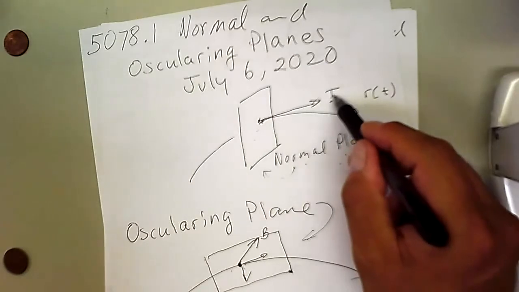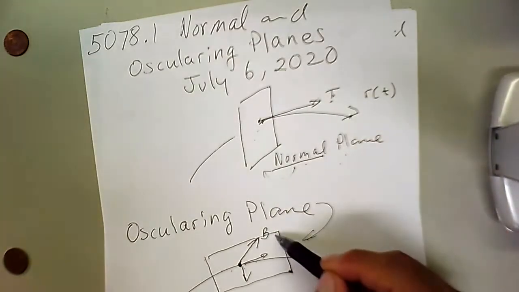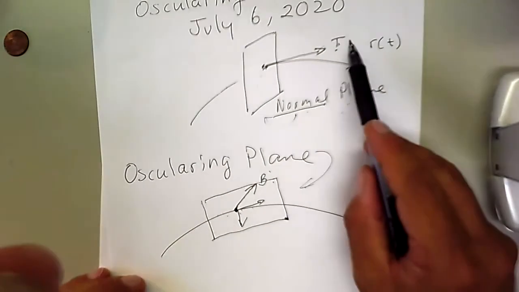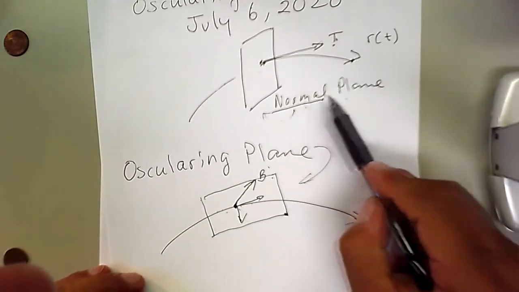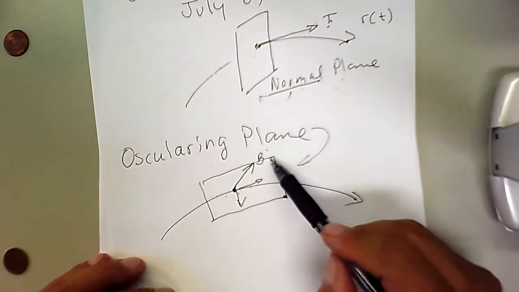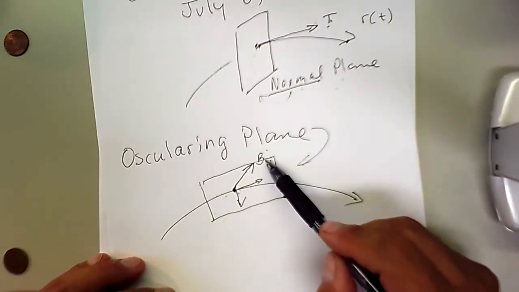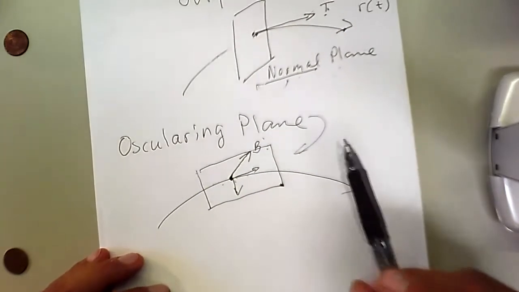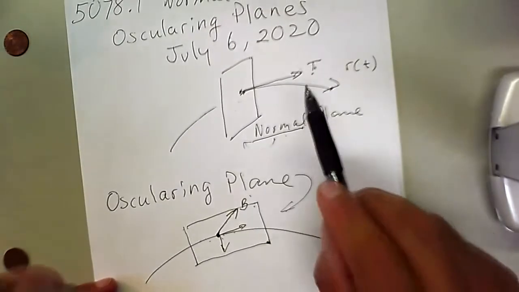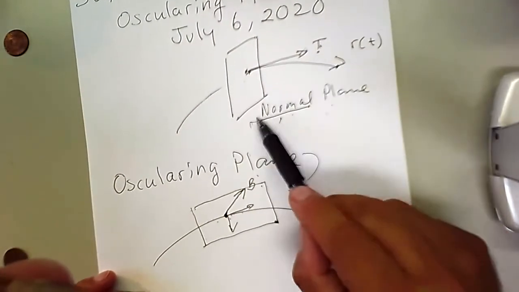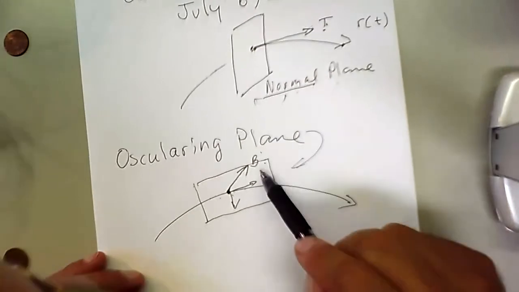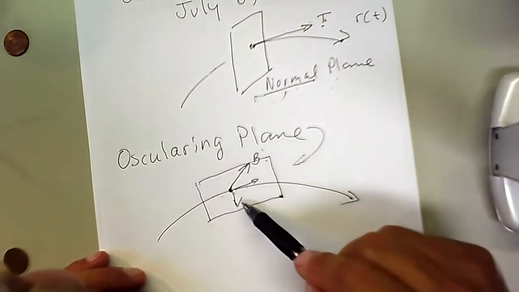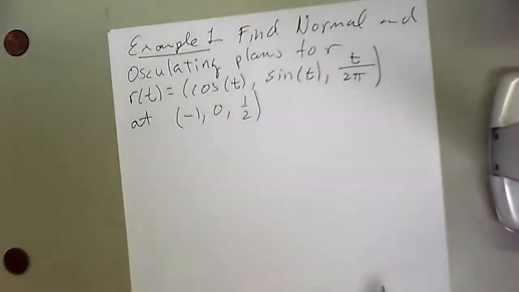So the tangent vector gives you the normal plane, and the binormal vector gives you the osculating plane. Whoa, that's a mouthful. A third time: the tangent vector gives you the normal plane, and the binormal vector gives us the direction of the osculating plane. Okay, so back to our example.